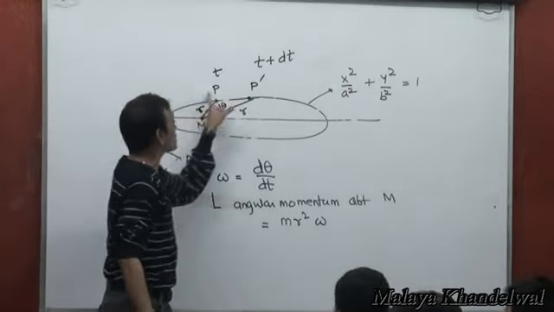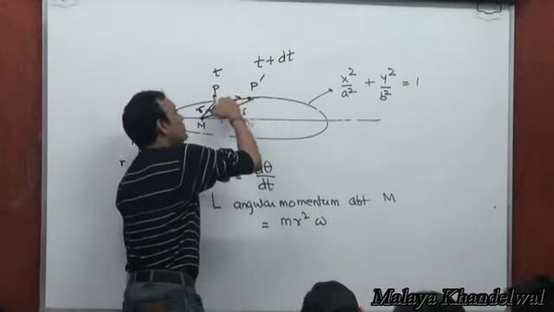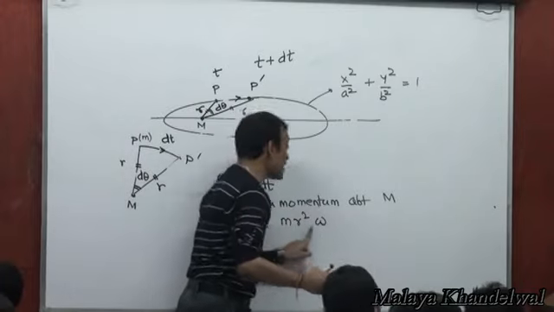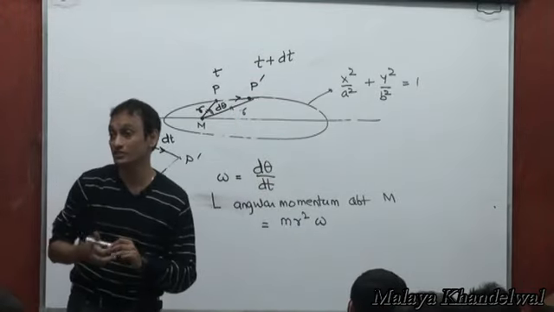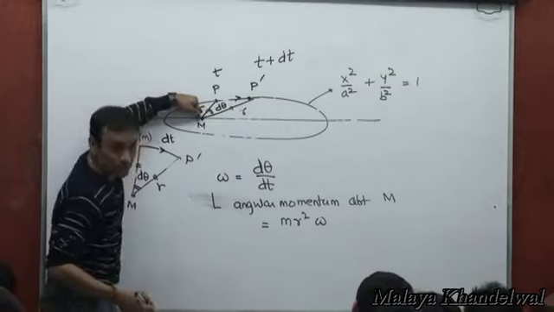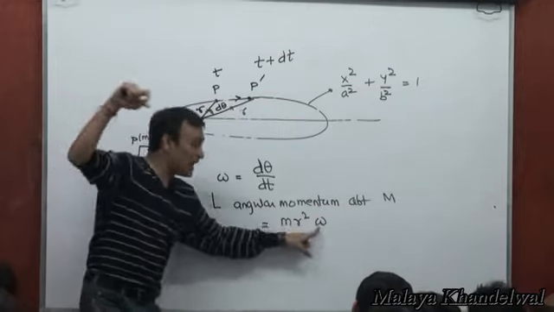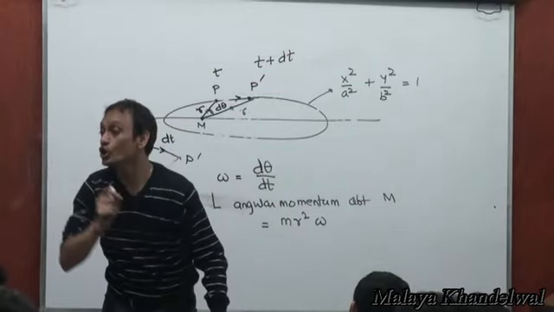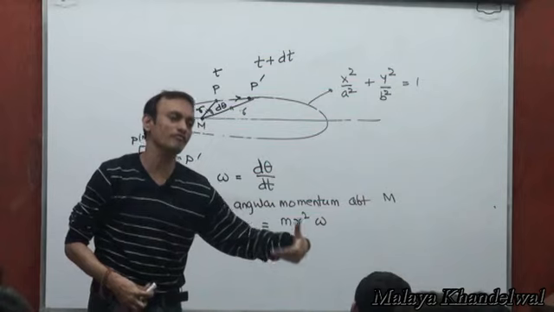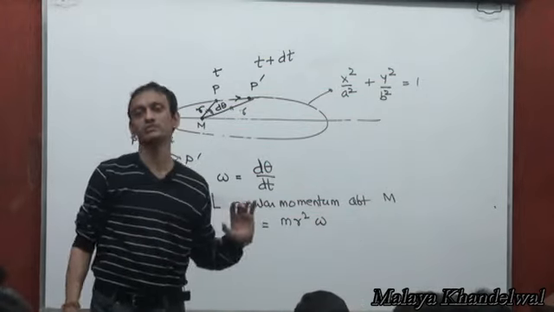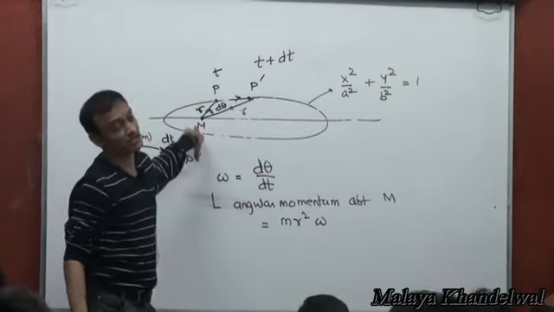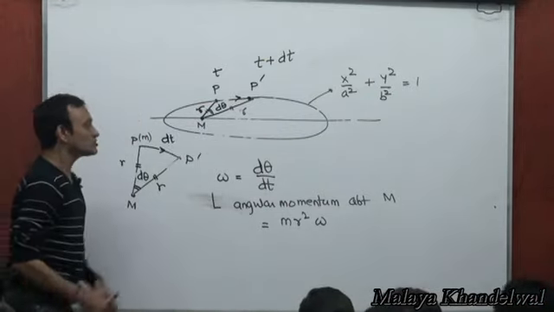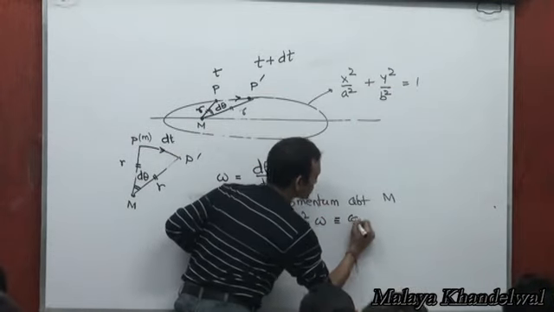While the particle describes this elliptic path, at different points r would be different, omega will be different, but mr squared into omega will remain constant, commensurate with the law of conservation of angular momentum about M, one of the gravitating masses placed at the focus of the ellipse. Clear?